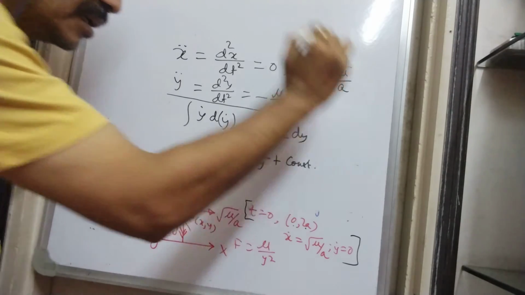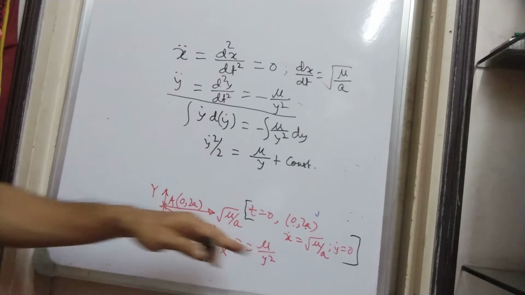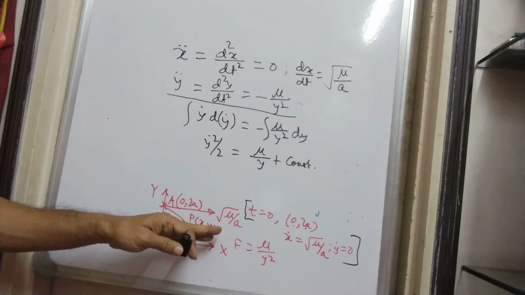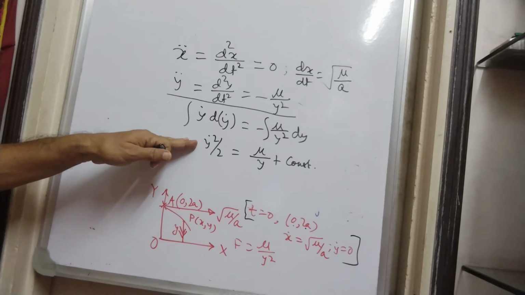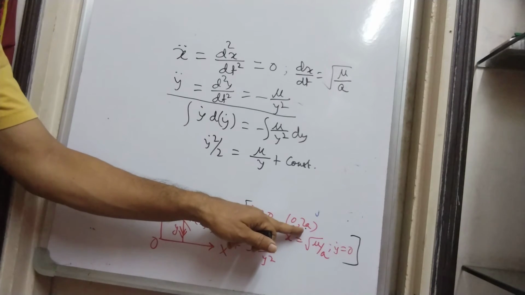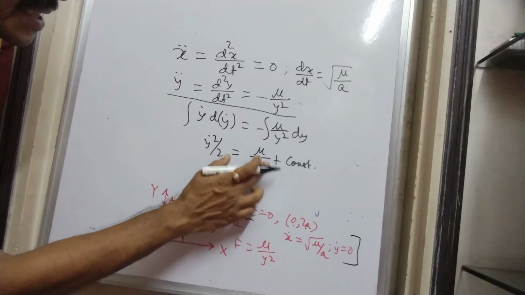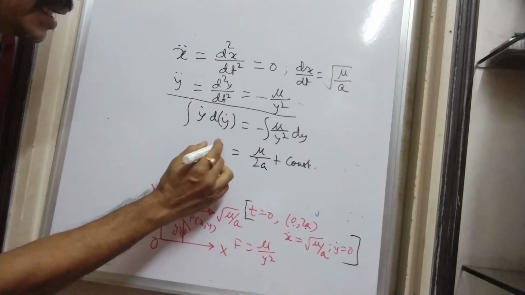Quite logical, because the initial value is root over mu by a, and it has got no acceleration towards the x-axis, so it will remain this. Now what about this? We have at y equal to 2a, y dot 0. So if we replace y by 2a, then it will be 0.